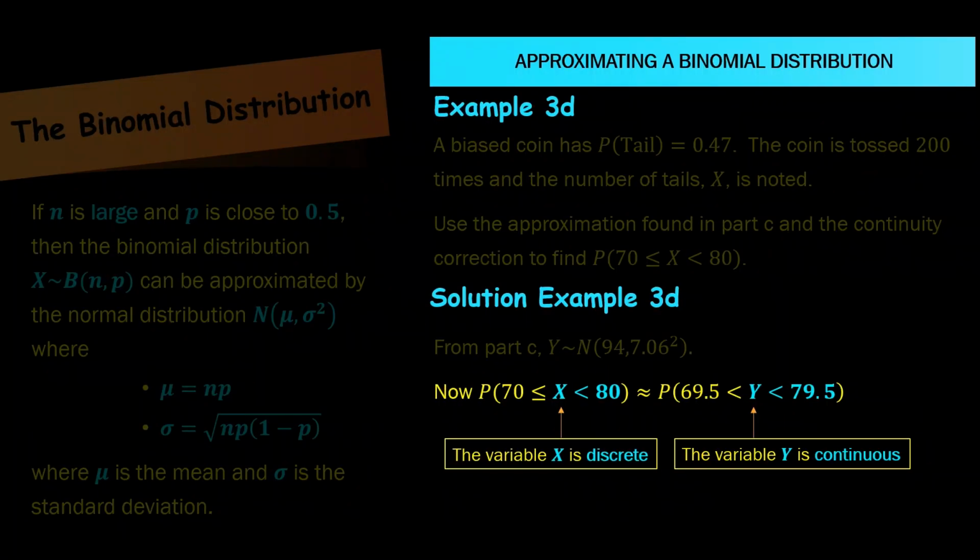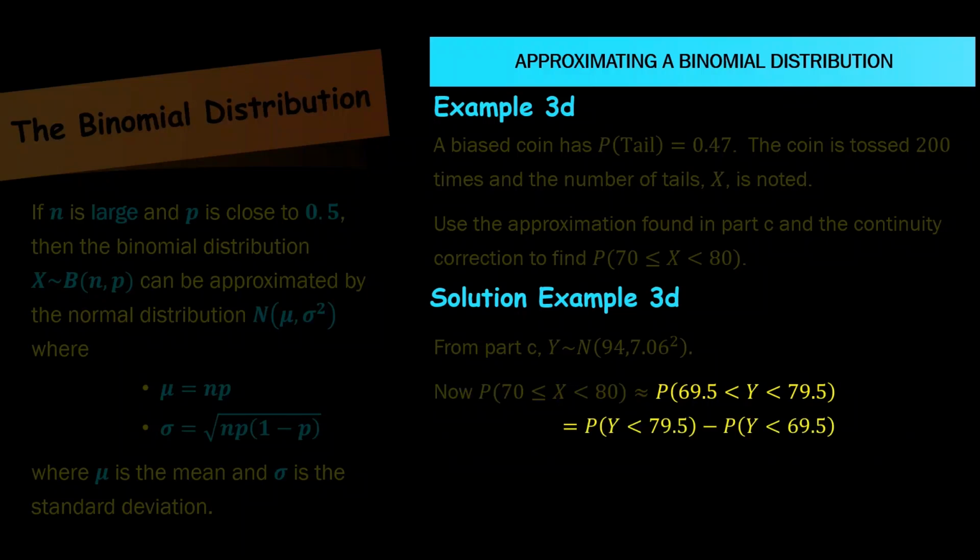And x being greater than or equal to 70 in the discrete world means that y is greater than 69.5. And so this is equal to the probability that y is less than 79.5 minus the probability that y is less than 69.5.